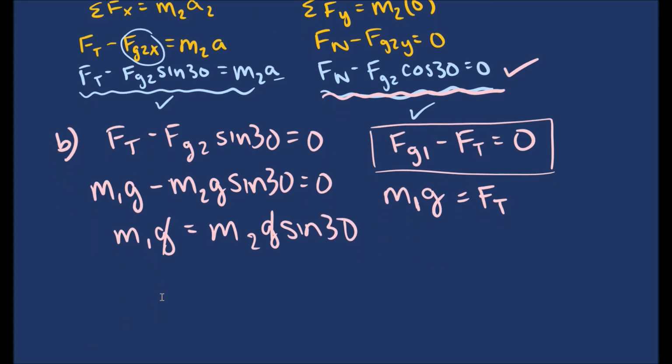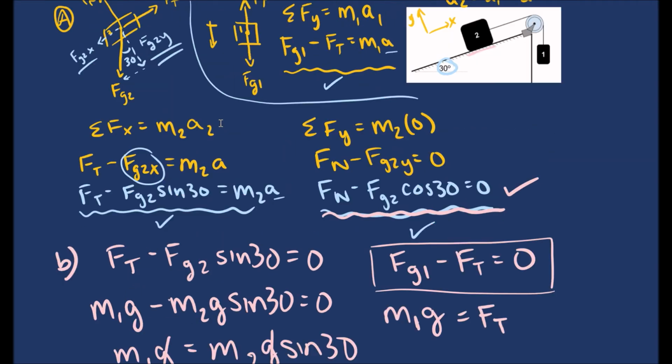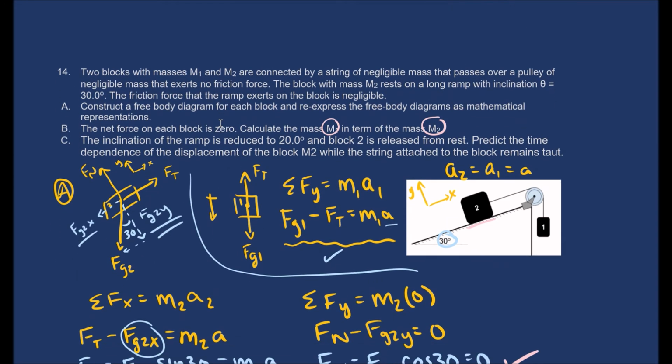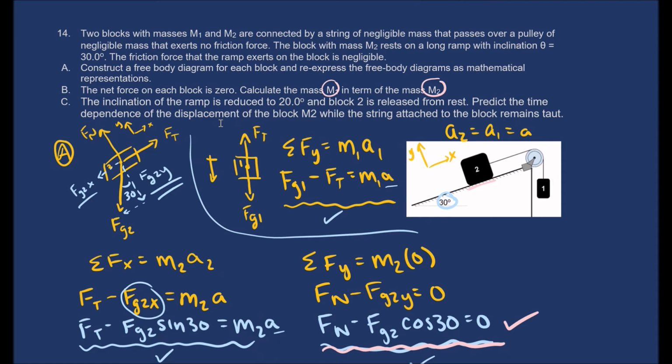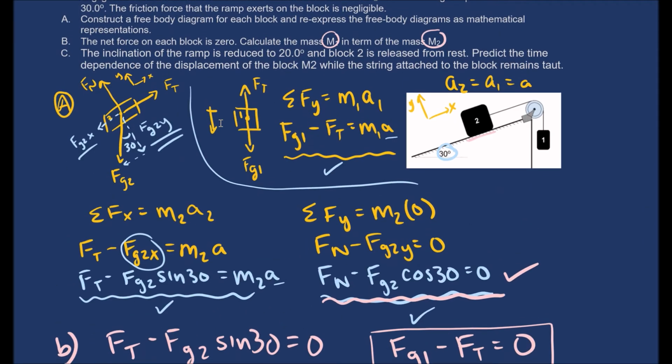So I get that m1 equals 1/2 of m2, because sine of 30 is a half. Okay, so there is my relationship. This was what the problem was asking for: determine the mass of m1 in terms of m2. So we have that m1 equals 1/2 m2.